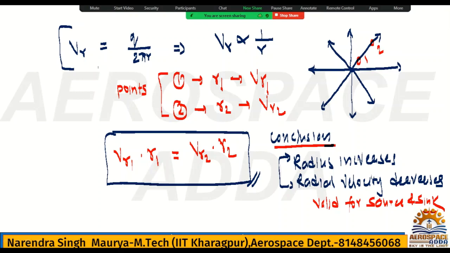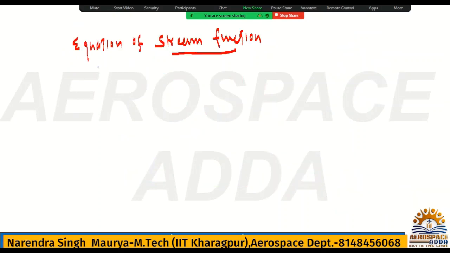We should know the stream function in polar form, that is, in terms of r and theta. If you remember, I had given stream function and potential function both in polar form.